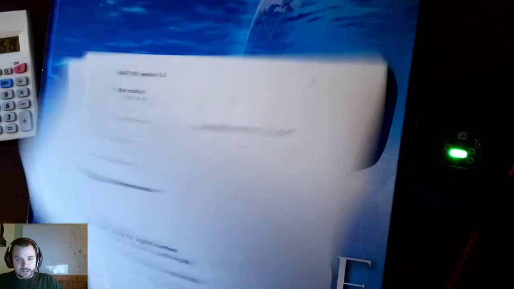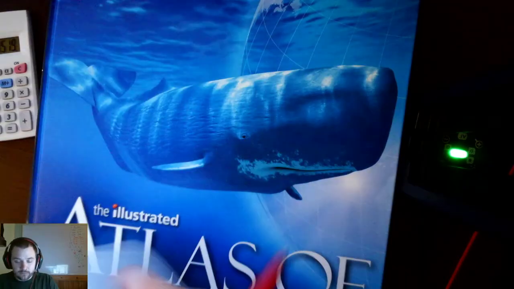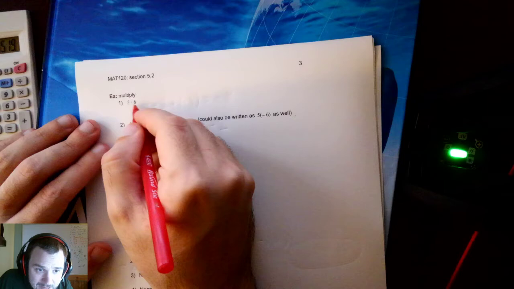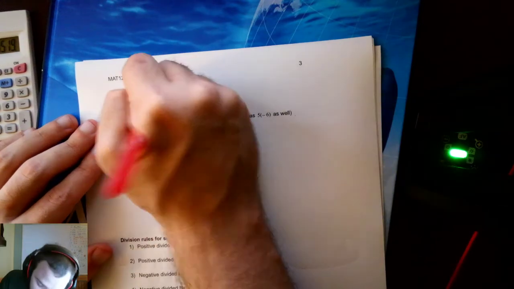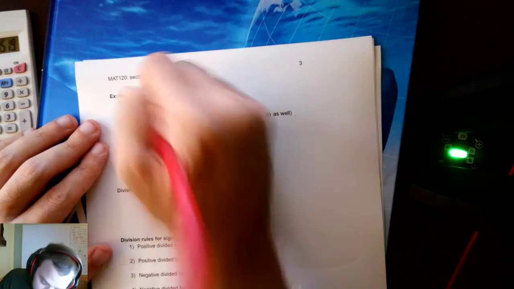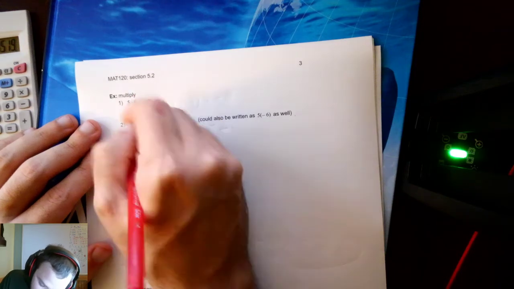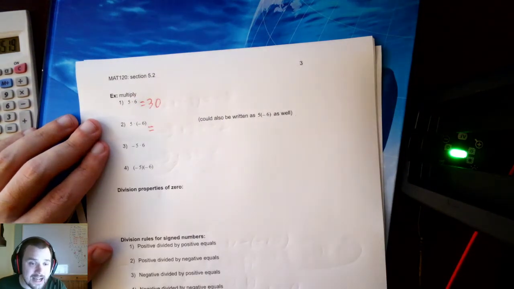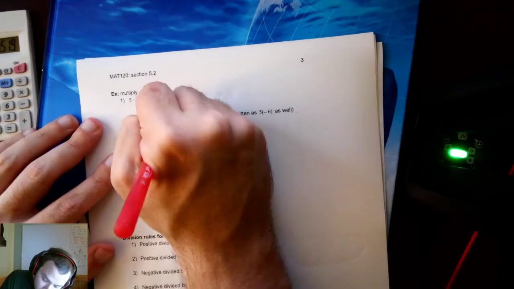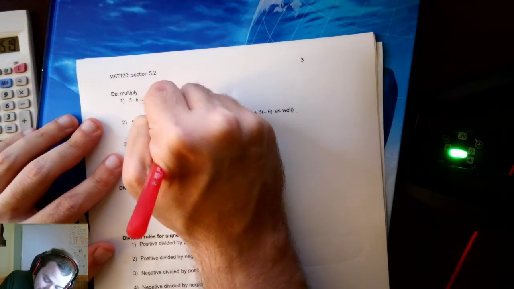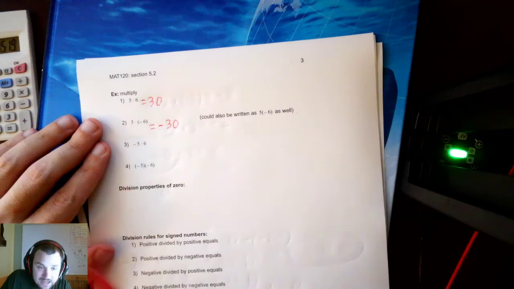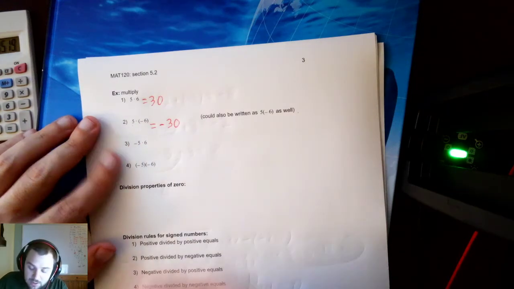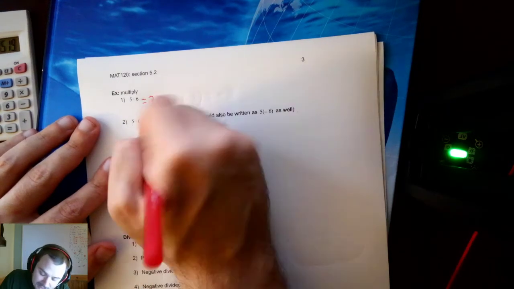So let's look at some examples. 5 times 6. They're both positive, so they multiply to 30. 5 times negative 6. Well, one's positive, one's negative, so the answer will be negative, and it's still going to be 30, because 5 times 6 is still 30. Negative 5 times 6.